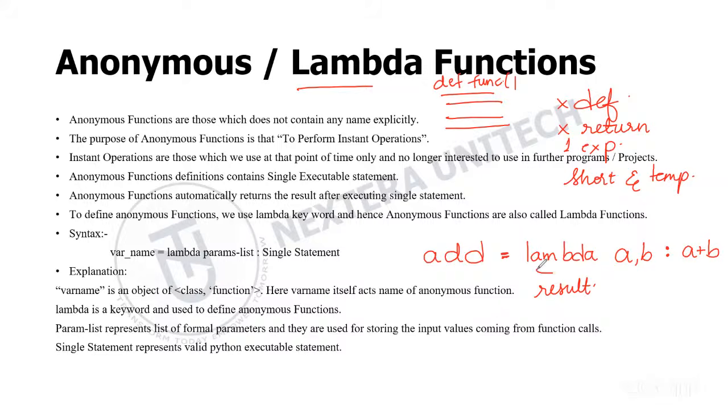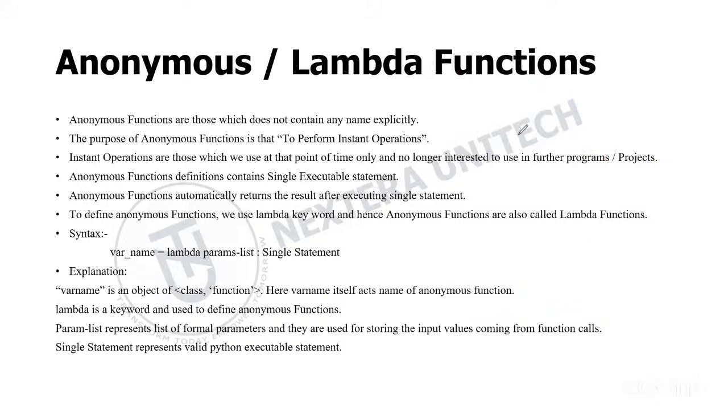In a single line, we complete the lambda function, but we still achieve the same desired result that can be achieved from normal functions. So that is the difference. Instead of writing multiple lines with if and else, or loops or conditions inside your normal functions, you can achieve the same result in a single line using lambda functions.